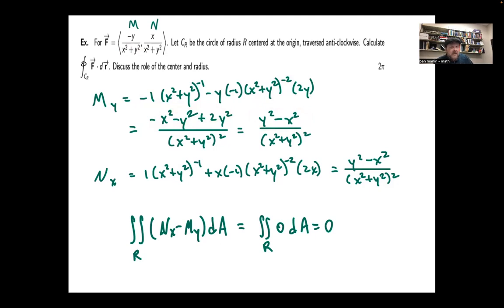Okay. And similarly, when we figure out N sub x, we'll also get y squared minus x squared, which means when we get this N sub x minus M sub y, we'll end up with a 0, right? And as a matter of fact, this is the same quantity that you look at to test whether or not a function is conservative.